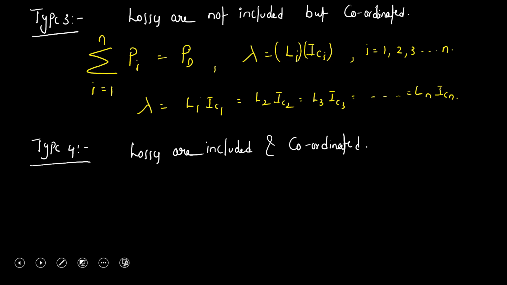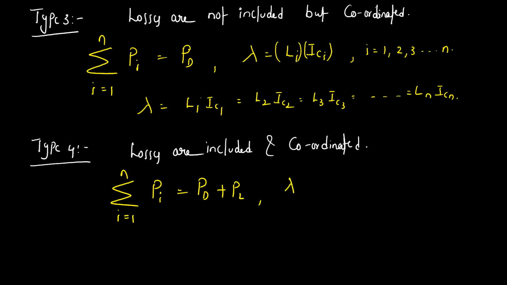So in this case, the optimization condition we have to consider is the summation of Pi, i equals 1 to n, equals PD plus PL, and lambda equals Li times ICi for all i equals 1, 2, 3, ..., n. Here we are including as well as coordinating the losses.